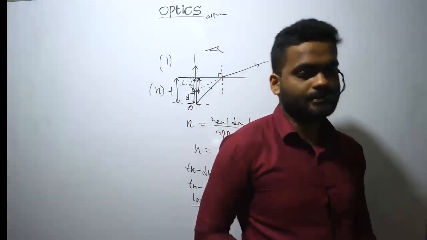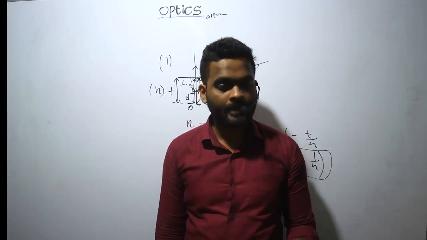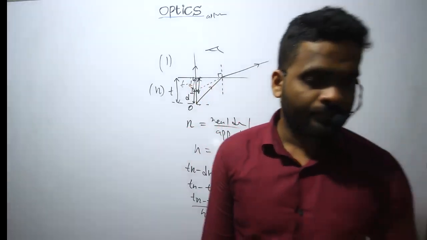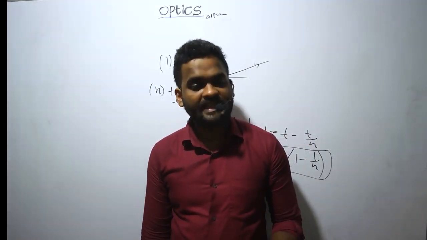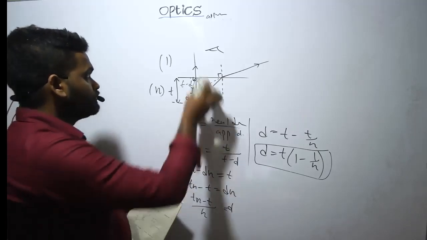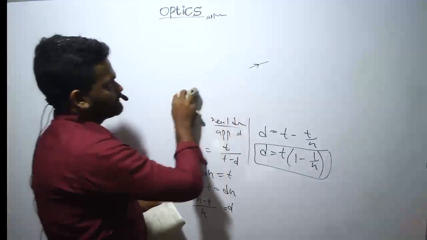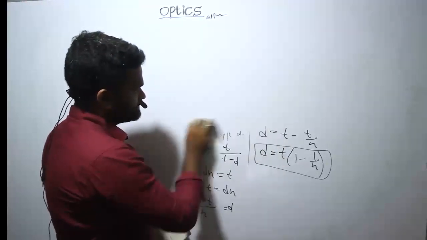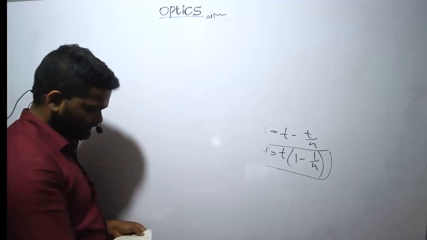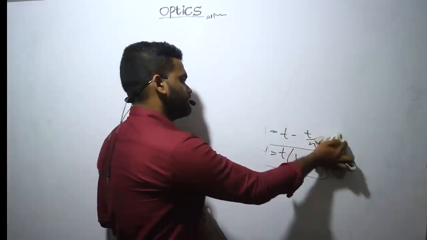Okay, let's apply this to a question. Write down Q. A glass cube with thickness 4.8 centimeters is placed on a newspaper.